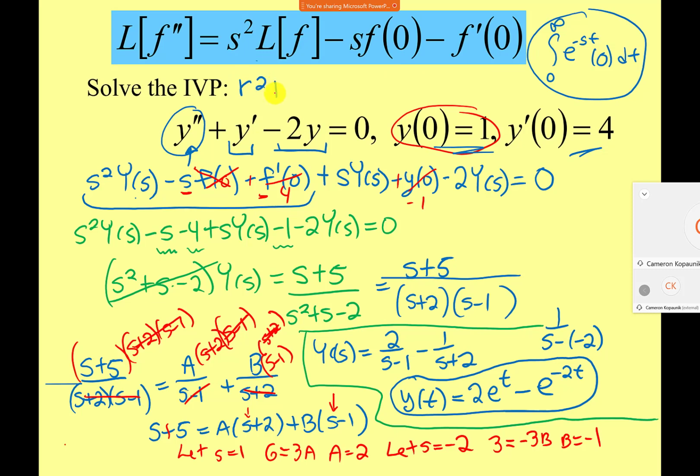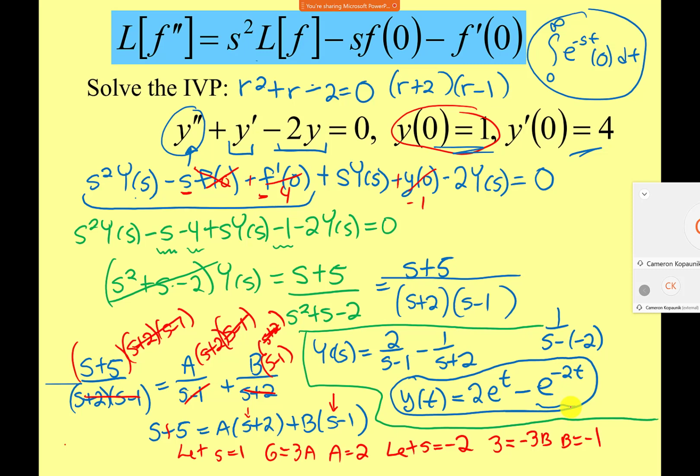If I was solving this our normal way, I would have written the characteristic polynomial, and then I would have factored it to find the roots, which would have been r equals minus 2 and 1. So I would have had e to the minus 2t, which I have, and I would have had e to the t, which I have.